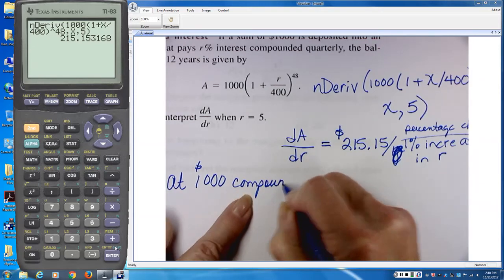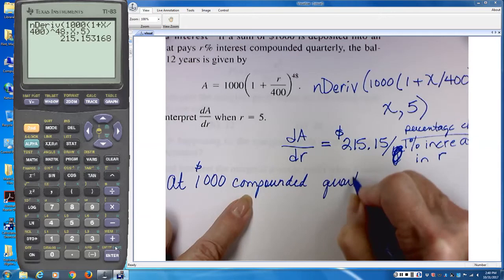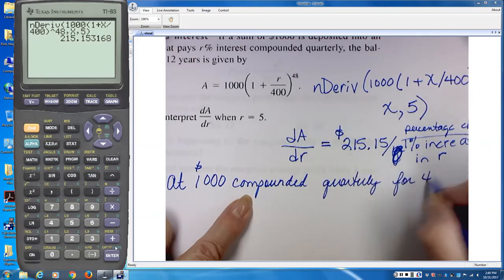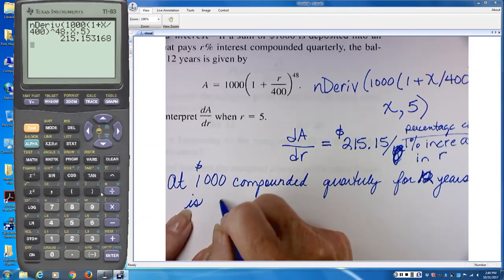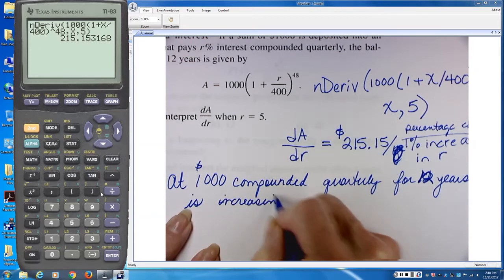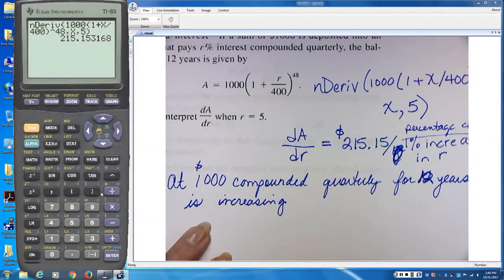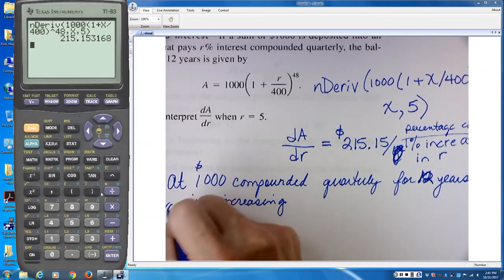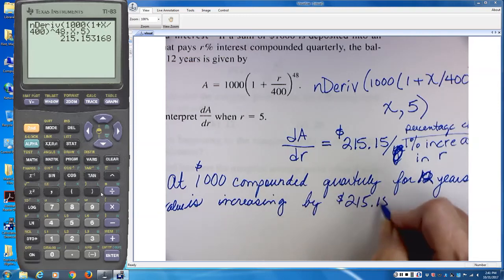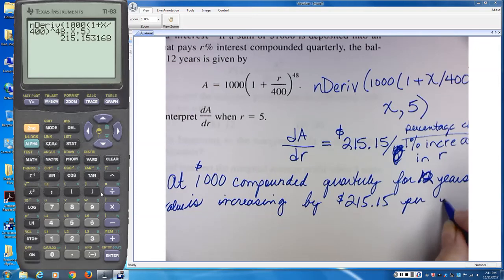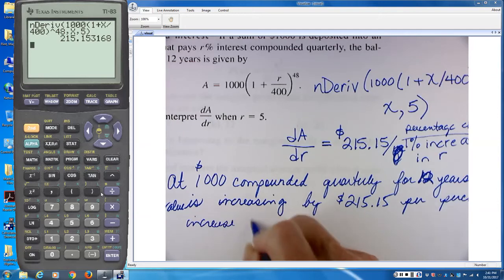So $1,000 compounded quarterly for 12 years, the future value is increasing by $215.15 per percentage increase in the interest rate.